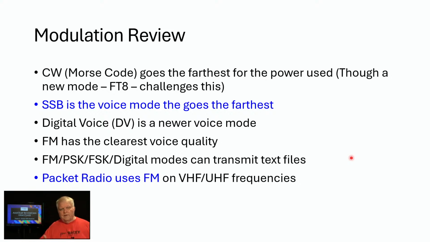You know that from listening to FM radio in your car, for example, which is frequency modulation. Frequency modulation, PSK and FSK and digital modes can transmit text files. And packet radio, that first early data communications mode that hams used and still are using, remember, uses these FM radios on VHF and UHF frequencies.